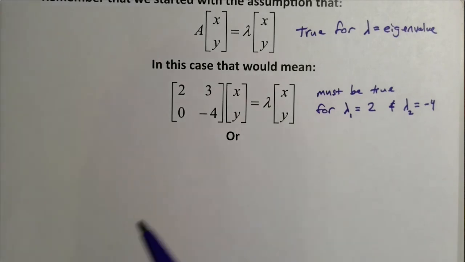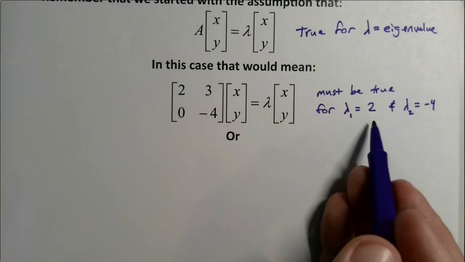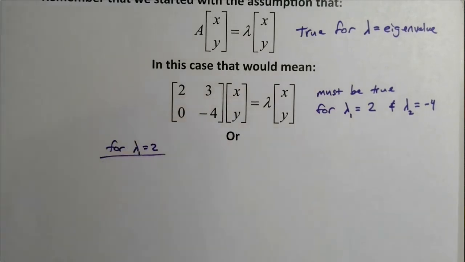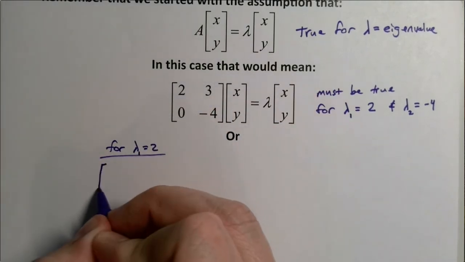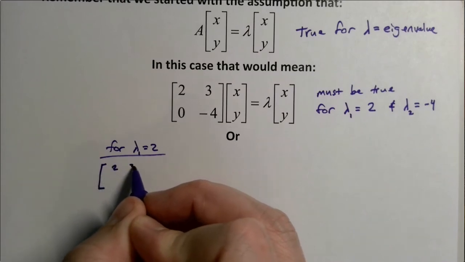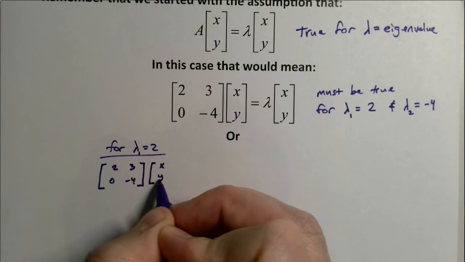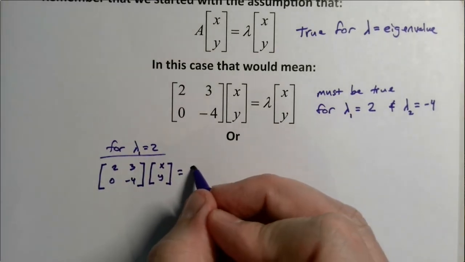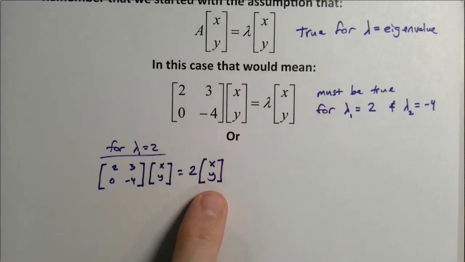So if it's true for lambda 1 equals 2, we can see how this plays out. Now I'm going to write this equation with that lambda value in there. So [2, 3; 0, -4] times xy is equal to 2 times xy. Now, this side of the equation is really just saying a constant of 2 times this vector.